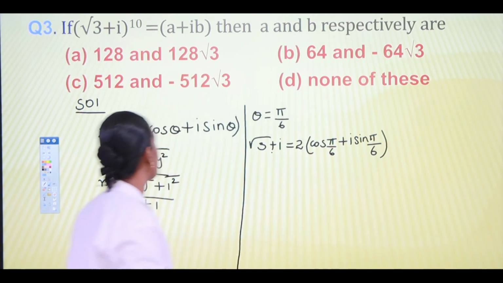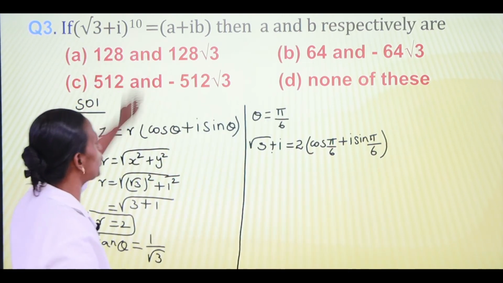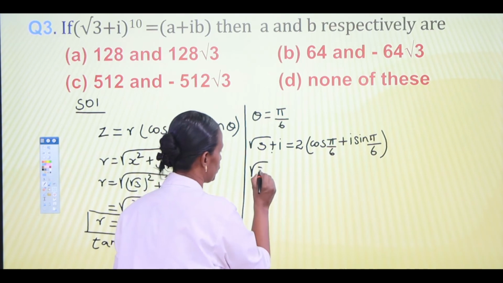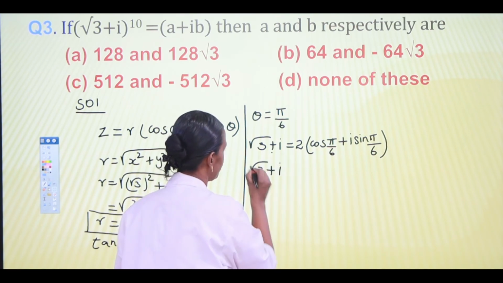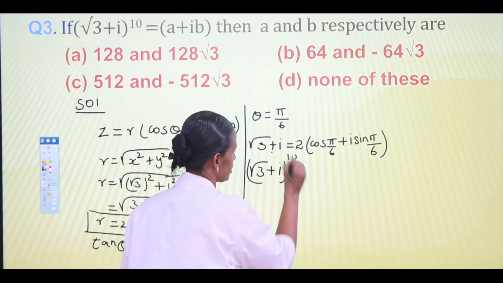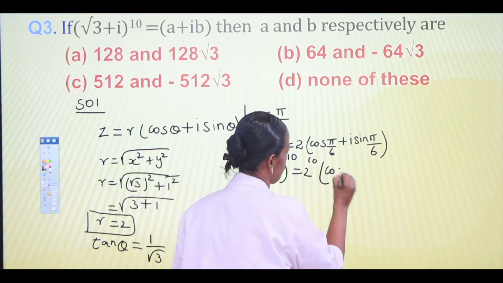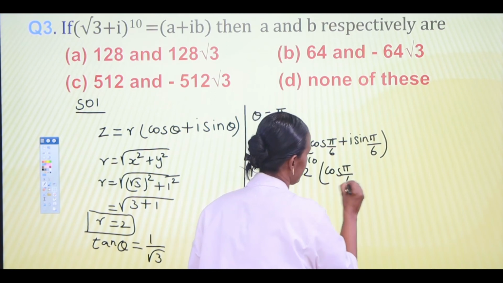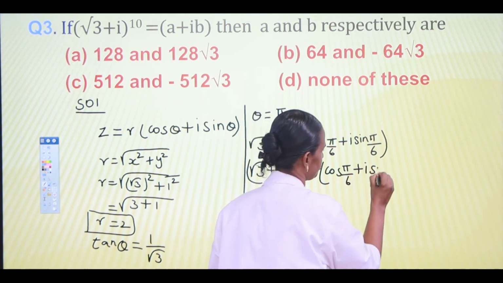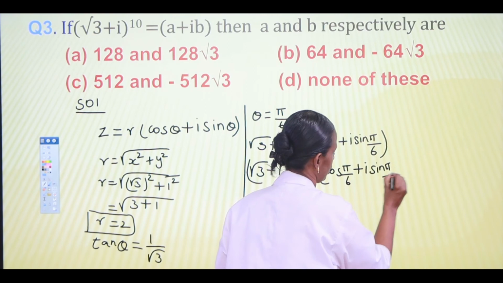Now we look at root 3 plus i the whole to the power of 10, which is nothing but 2 to the power of 10 into cos pi by 6 plus i sin pi by 6, the whole to the power of 10.